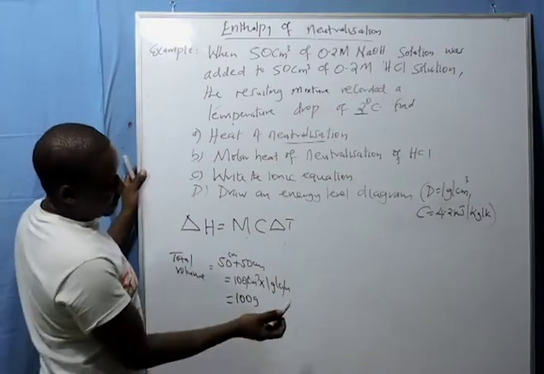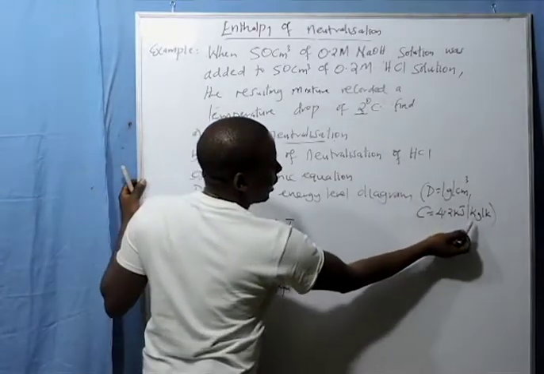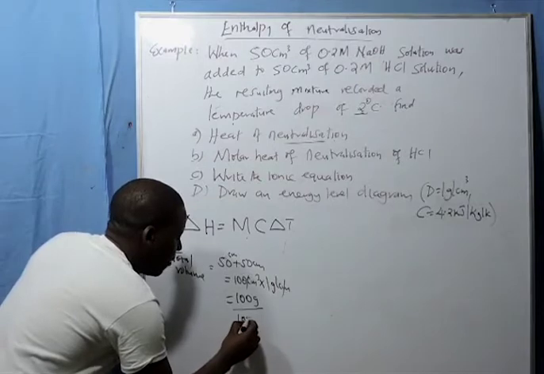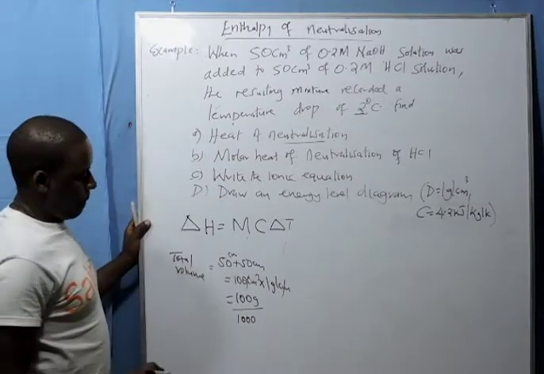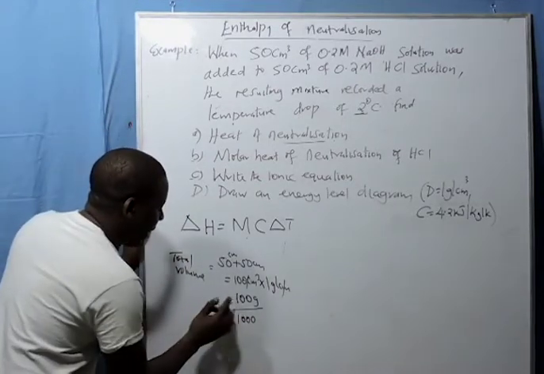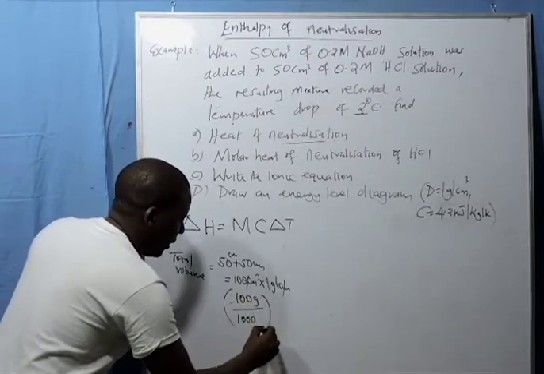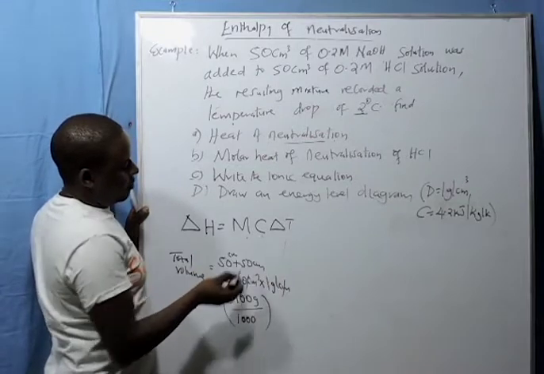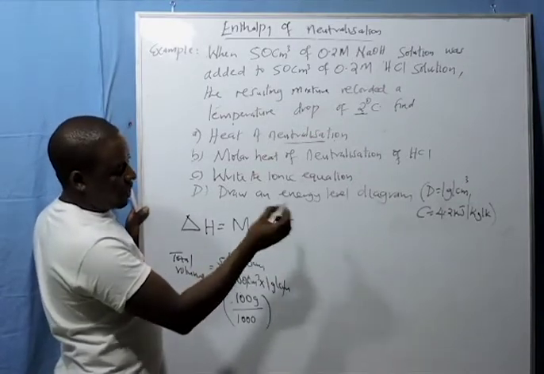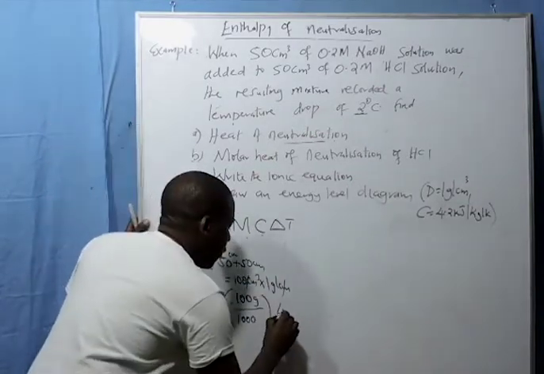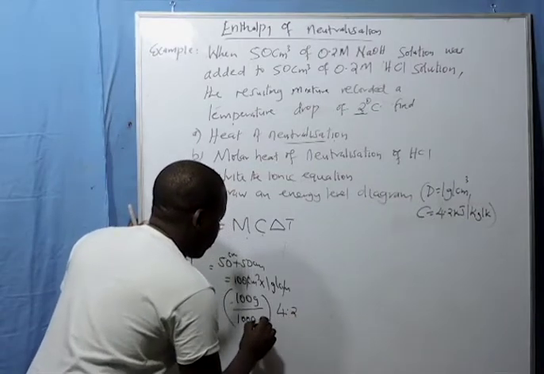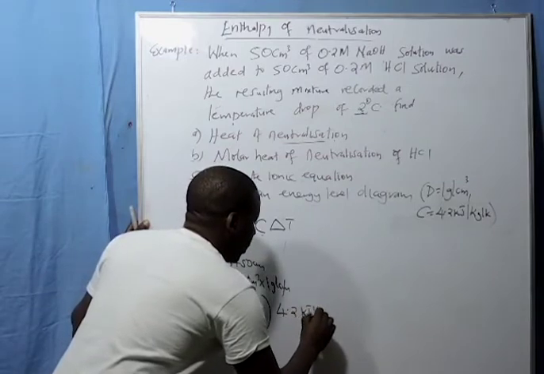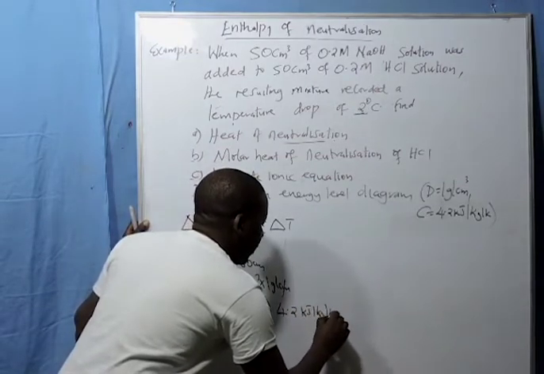But the capacity here is in kilograms. Therefore, you change that to kilograms by dividing by 1,000. Capacity is already given and doesn't change: 4.2 kilojoules per kilogram per Kelvin.